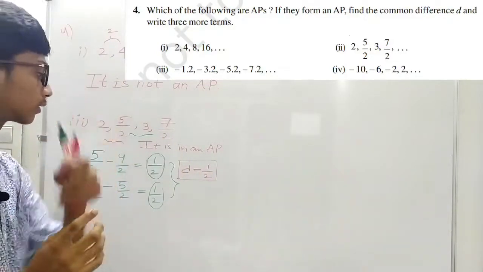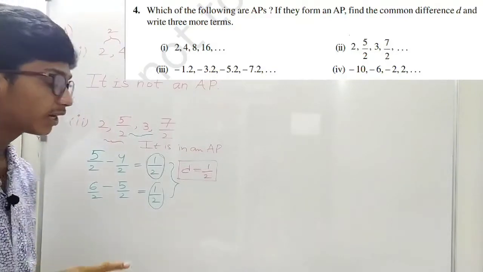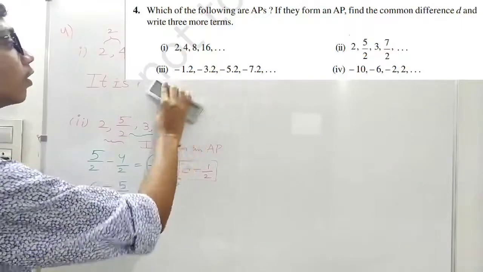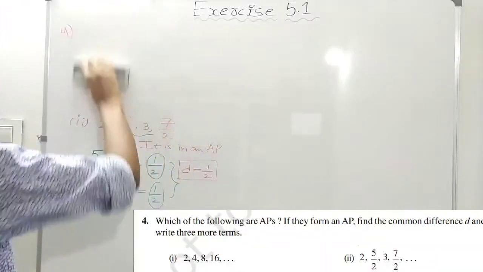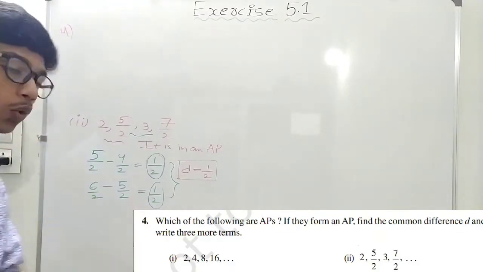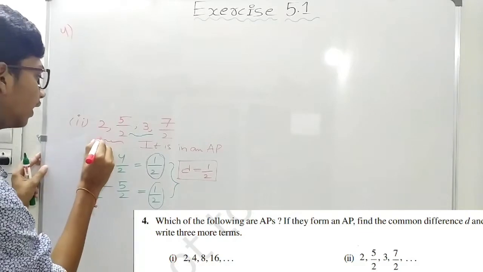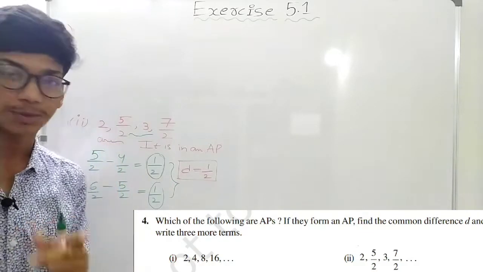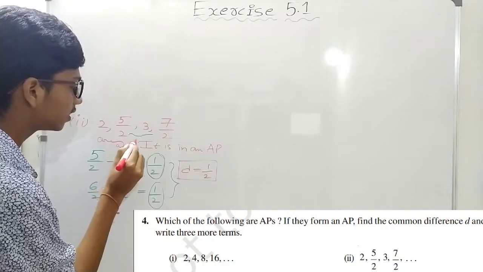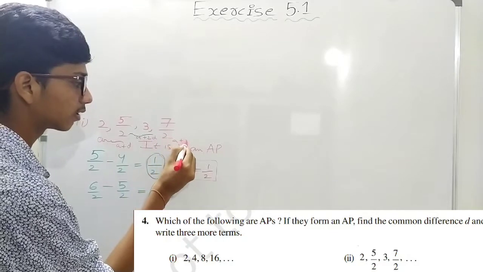And it asks us to find 3 more terms. There are 2 ways to find the next 3 terms. First way: according to the general form of the arithmetic progression, the first term is A, then A plus D, A plus 2D, A plus 3D.